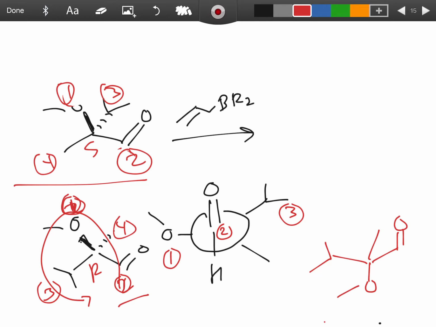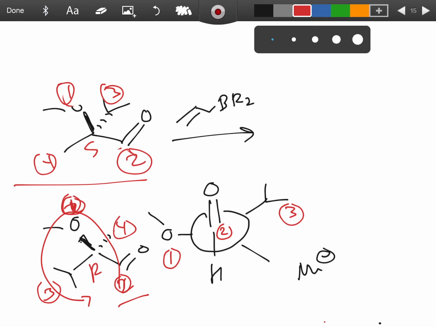All right. So now it's going to look like this. And now I've got to add my nucleophile along the small group. This is going to do the same thing basically that we did before. We're going to put our nucleophile in the spot between the large and the small group.